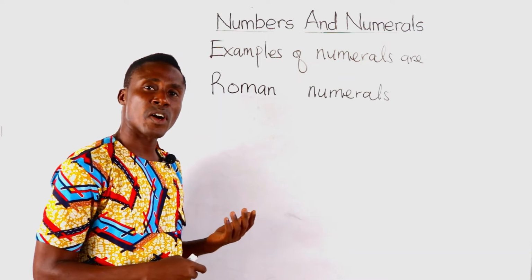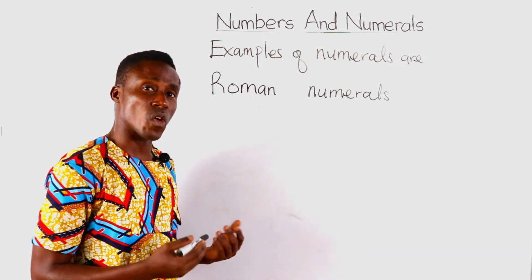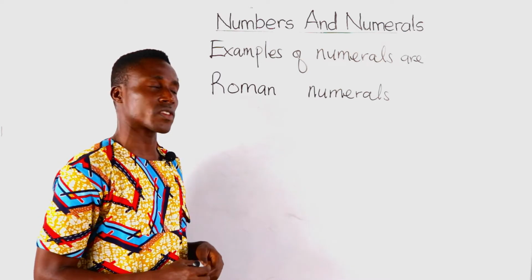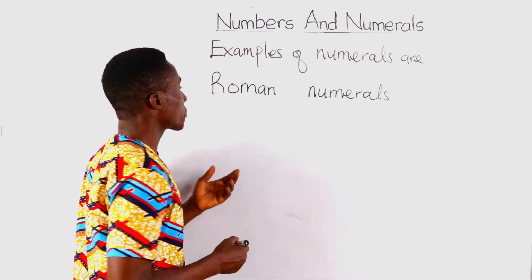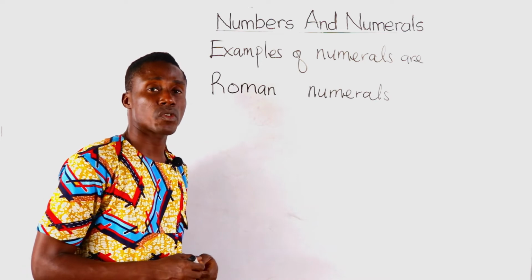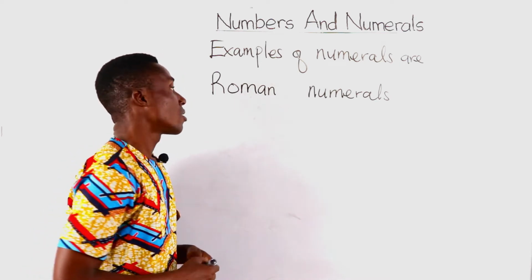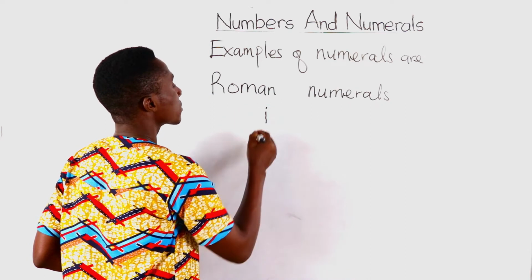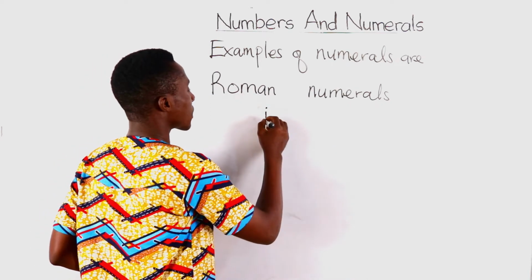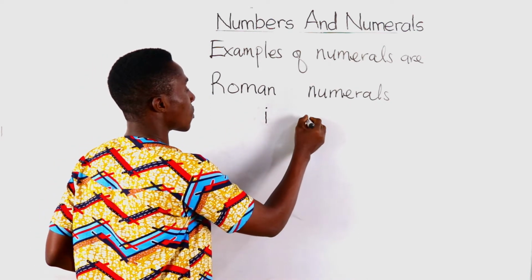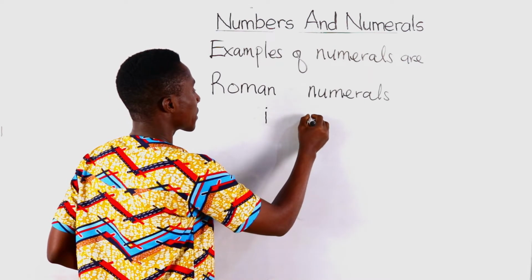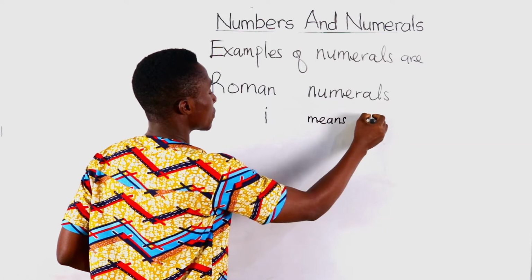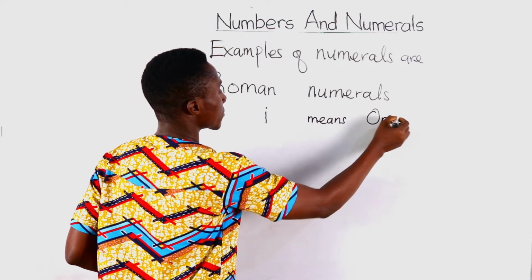Now, the Roman numerals. I believe so many of us are familiar with the Roman numerals, and I'm going to mention a few examples of them, okay? They have I, and what they use I to stand for is that I means one.